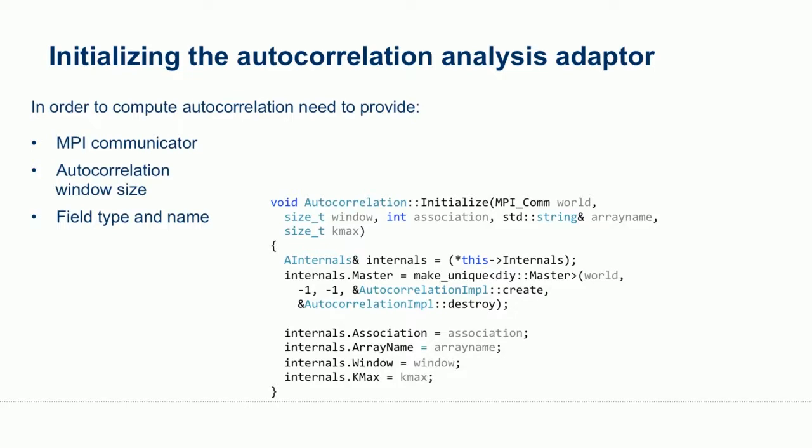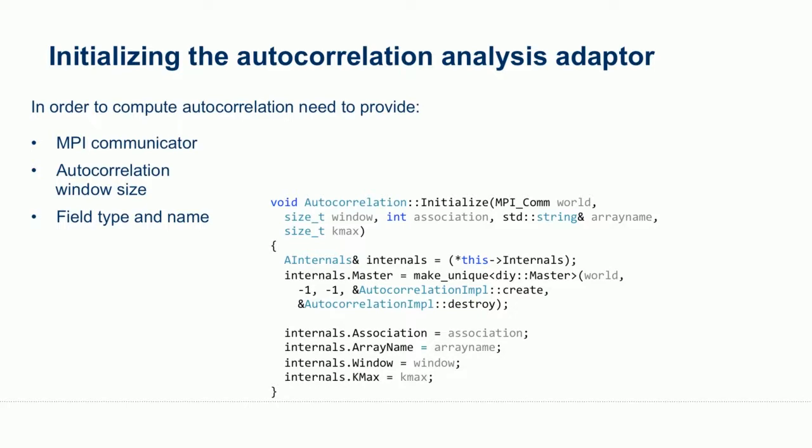To dive into this a bit, first we'll look at the initialize function. Remember the Sensei analysis adapter API is one virtual function in Sensei 1. It's execute, and the execute method takes a data adapter star. So this is an addition to that that's used to set the autocorrelation up.